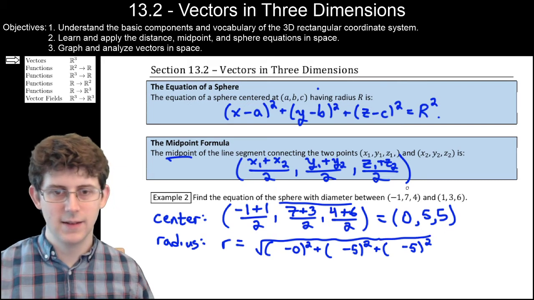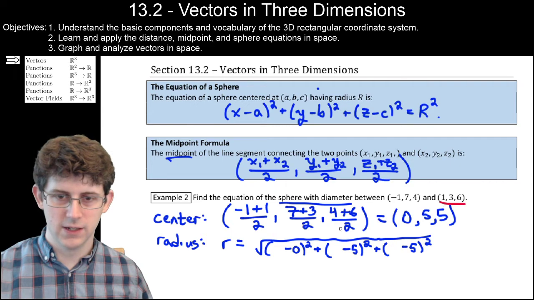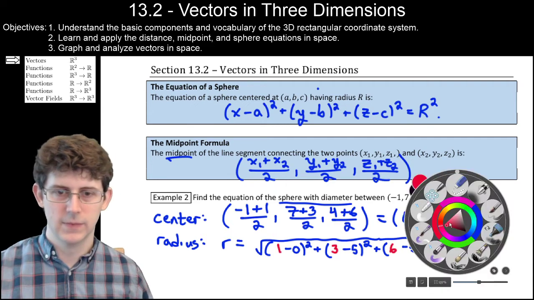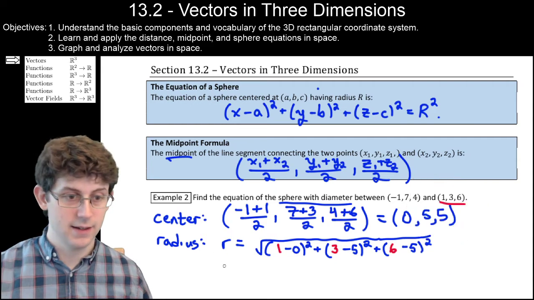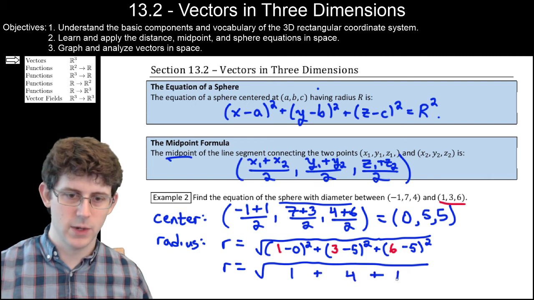Let's use this one. This will tell us what r is. So the radius of this sphere is the square root of 1 plus 4 plus 1. So it's square root of 6.